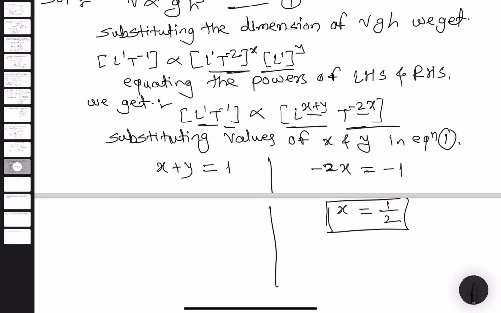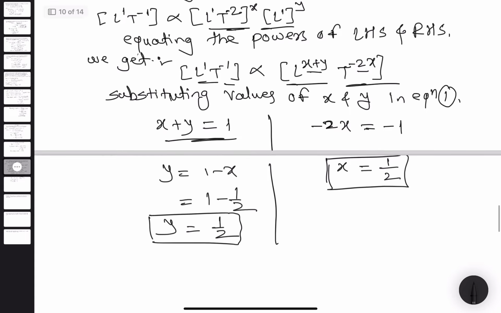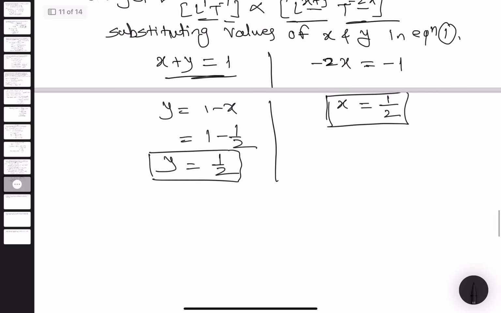Now substituting this value in this equation, we will get y is equal to 1 minus x, that is 1 minus half, which is half. So we have got the values of x and y.